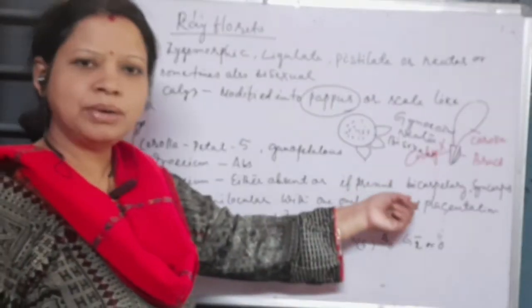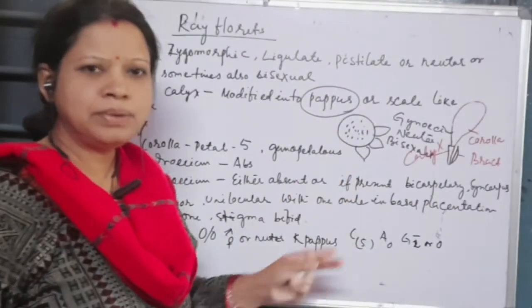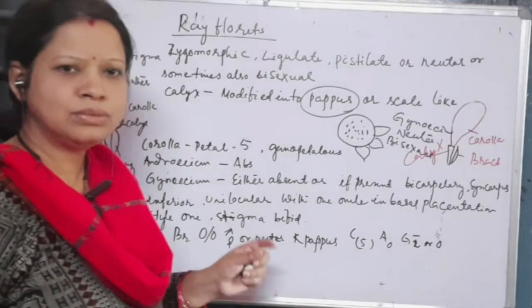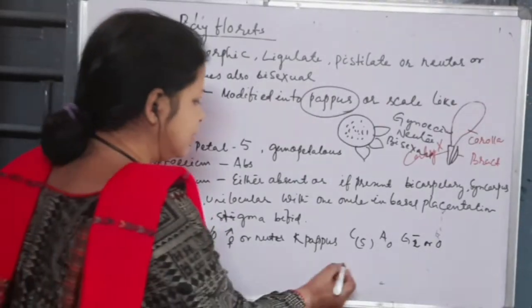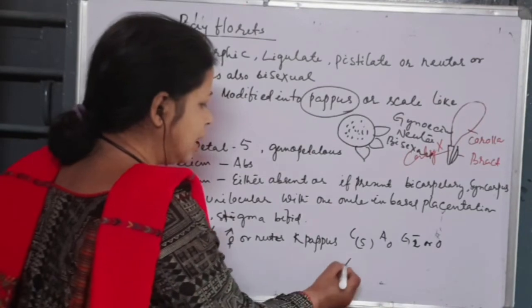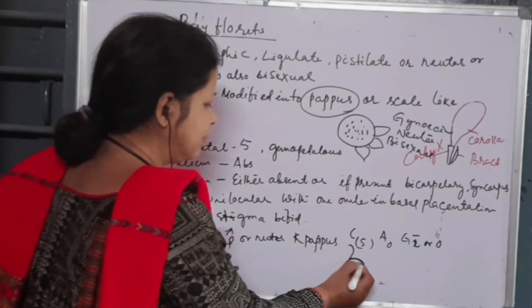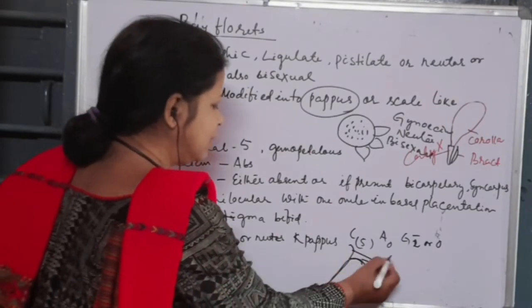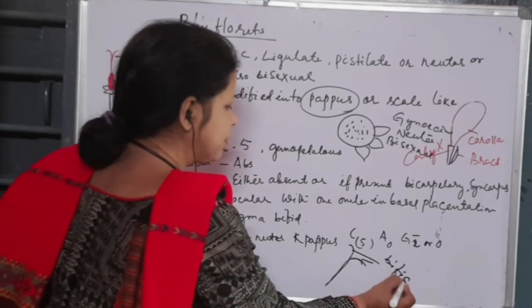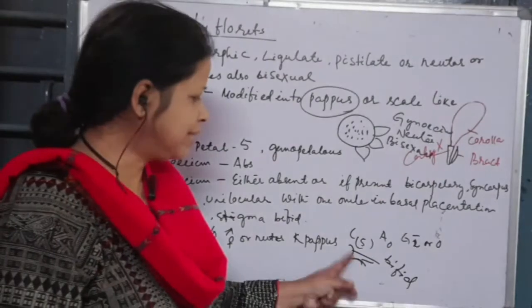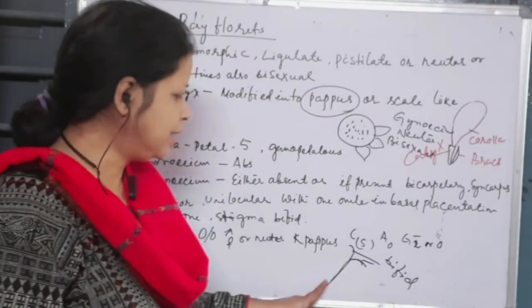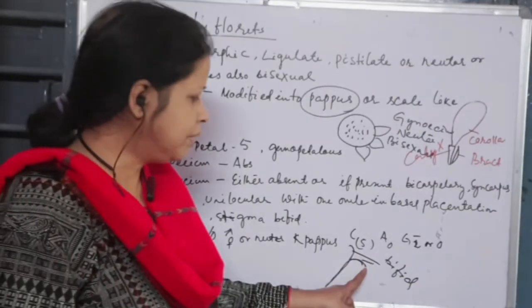Bicarpellary means the number of carpels is 2. Syncarpous means fused carpels, both carpels fused together. The style is simple and the stigma bifid. Bifid means the stigma is divided into two parts: style 1 and stigma bifid.